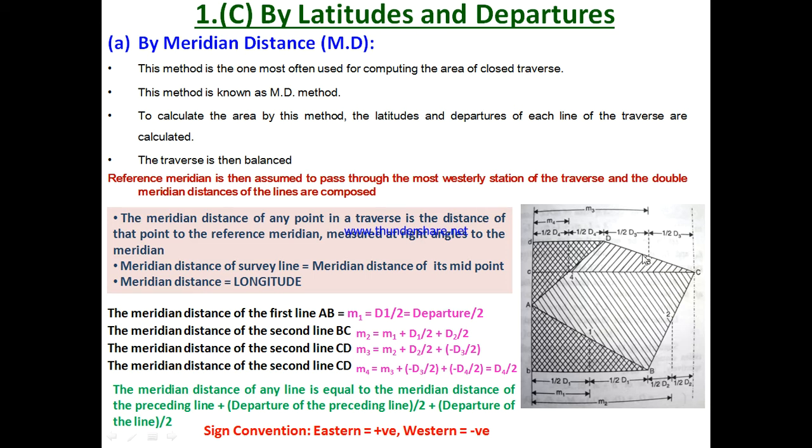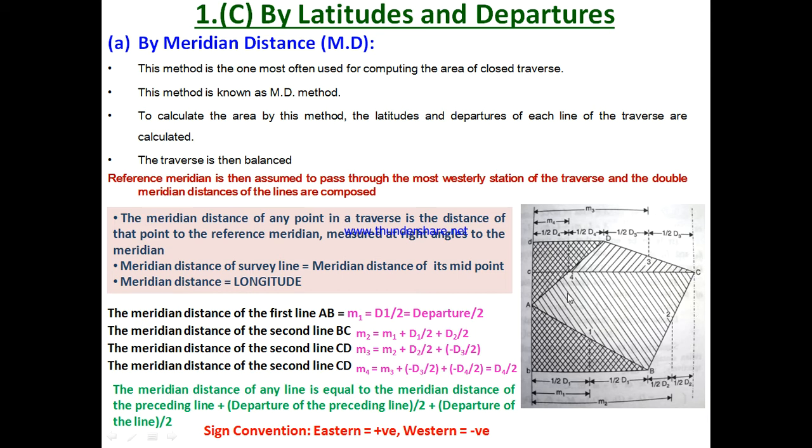Now I need to determine the meridian at 3. So the meridian value at 3 will be calculated as what? If I want to reach this point 3, I have to travel this traverse line, then this traverse line up to here.